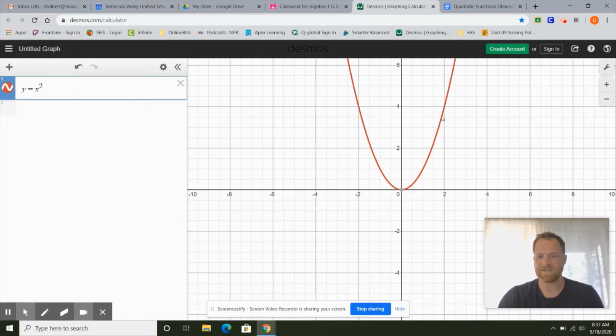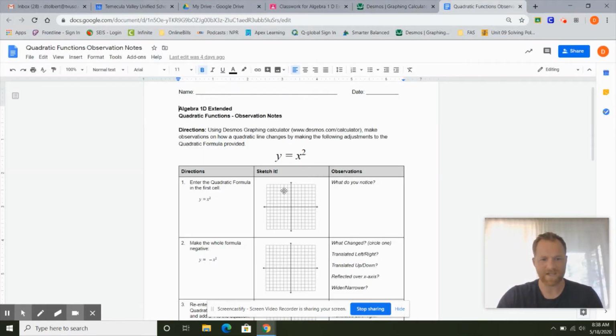There are some observations I want you to make. First of all, the fact that it is touching the x-axis right here at 0, 0, and it goes up equally on both sides. And so in your observation journal, I can't do that right now with my computer, but you would draw a little parabola right there.